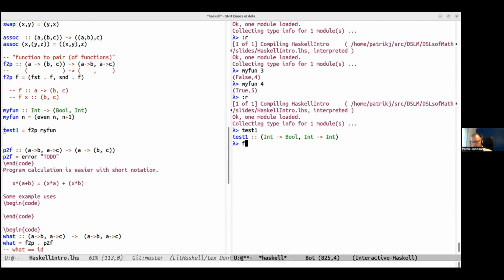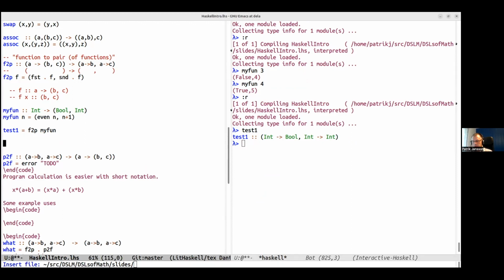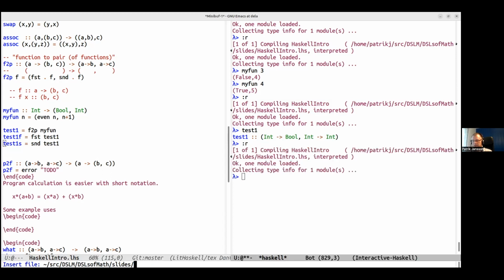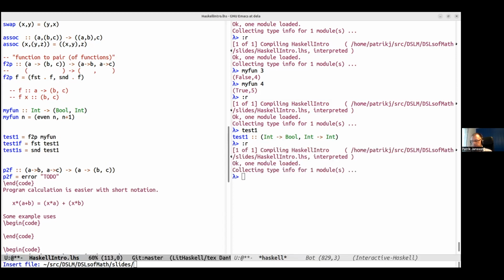So we can say, for example, let's give them names. test1f, for first, is first of test1, and test1s is second of test1. And then I can actually also insert the typings here.